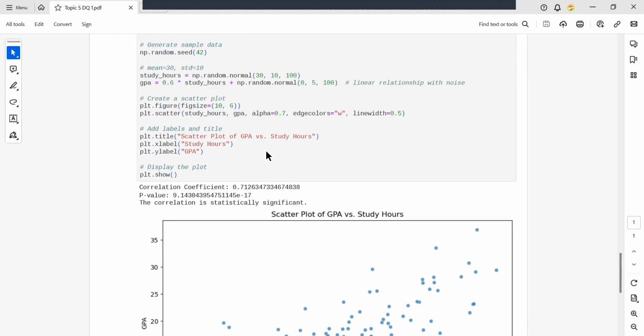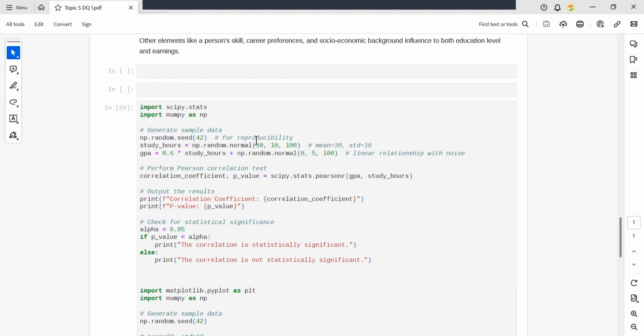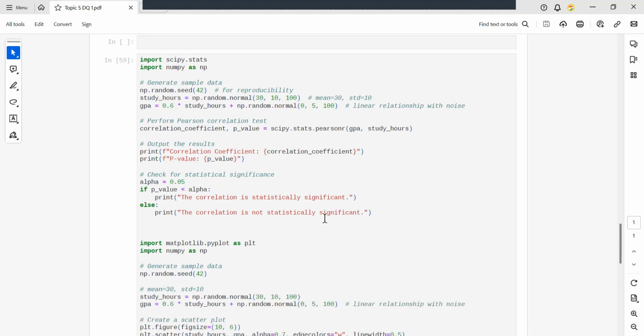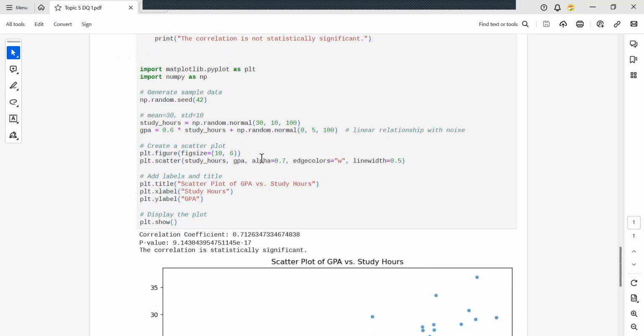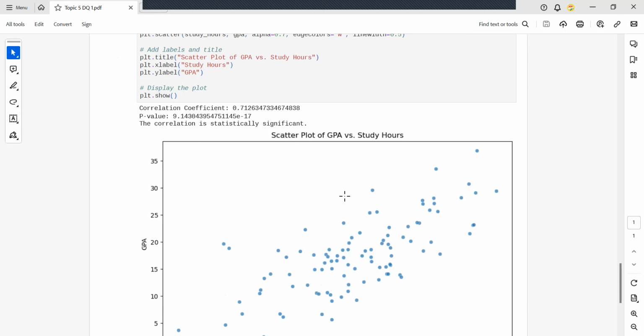For the second part of this assignment, with hypothesis testing, I did it with an example. I showed GPA against study hours, and this is the scatter plot here.